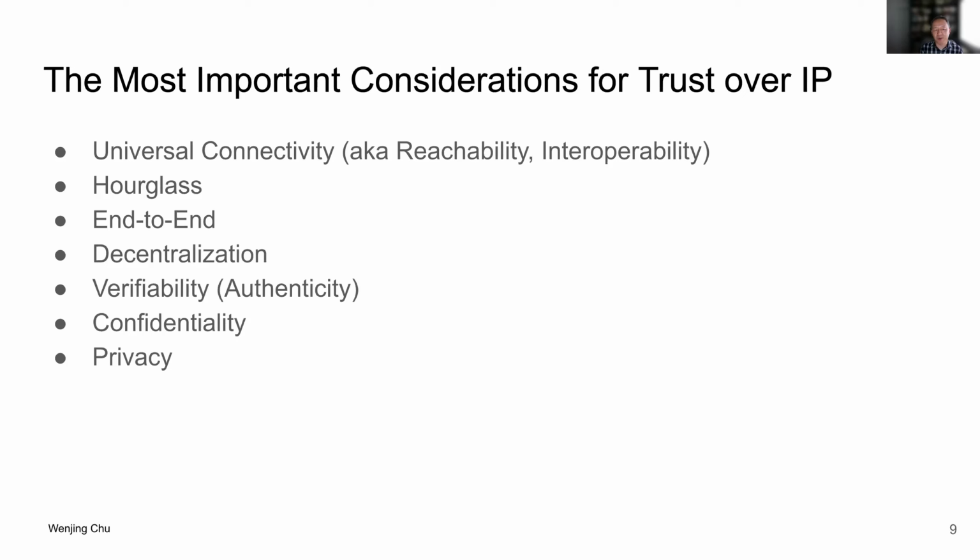Decentralization, we just sort of hinted at, but it is about who really has the control. Decentralization is just trying to avoid centralizing all the information and all the control in one party. Verifiability or authenticity is basically knowing who we're talking to, and that's the basis of trust, the fundamental starting point of it.